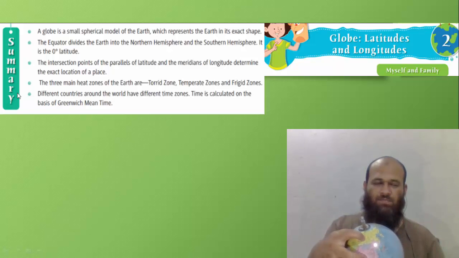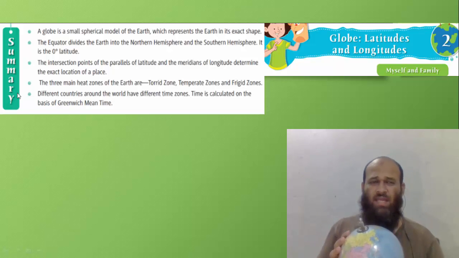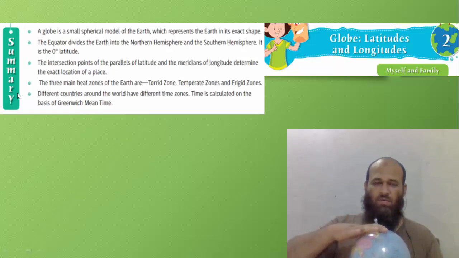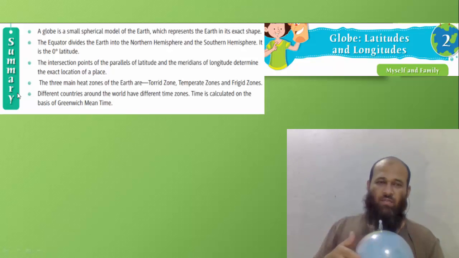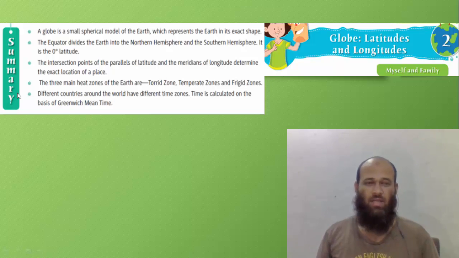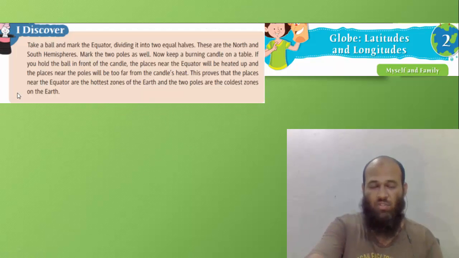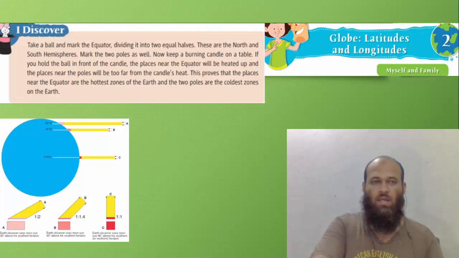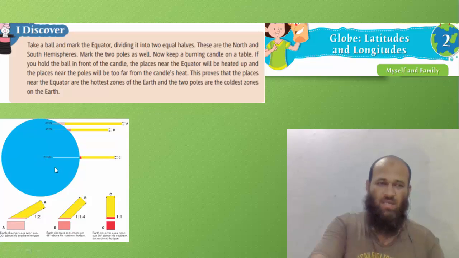Like here, the three main heat zones are torrid, frigid, and temperate, with torrid at the center. Different countries around the world have different time zones, and time is also calculated on the basis of Greenwich Meridian Time, GMT. And this is a very beautiful activity about a ball.